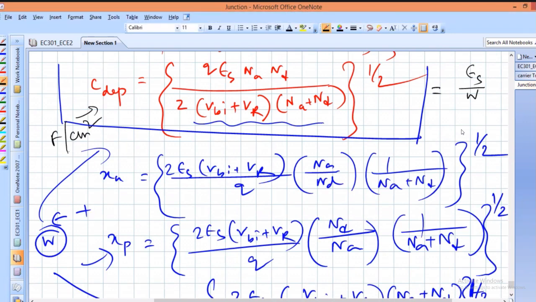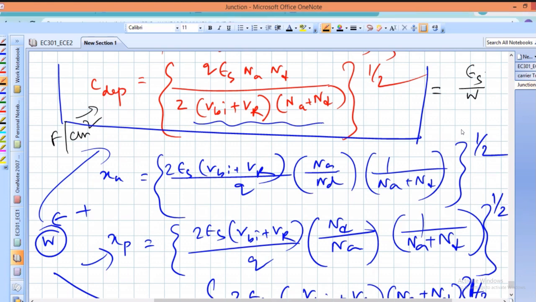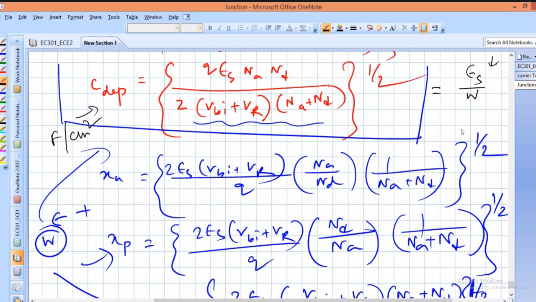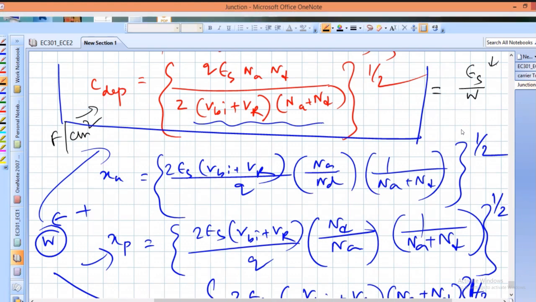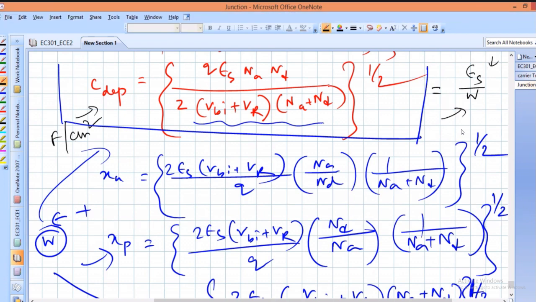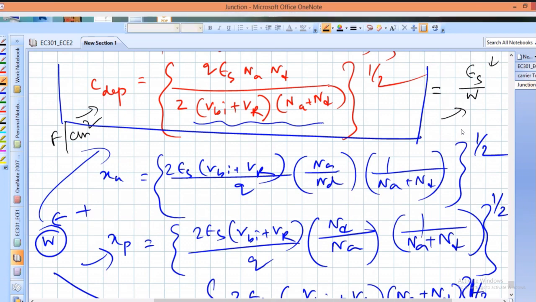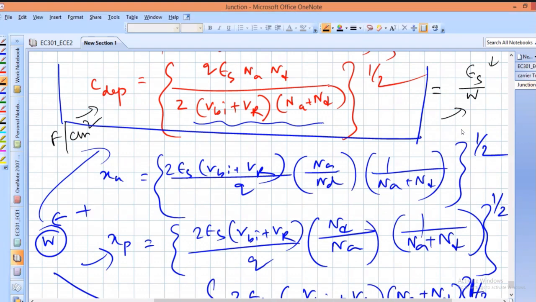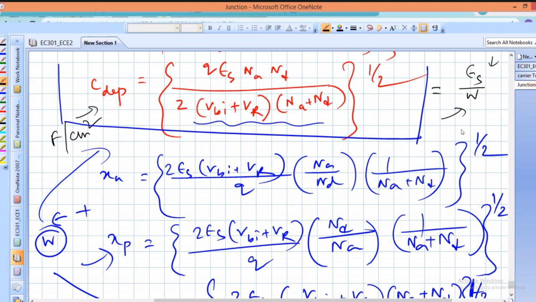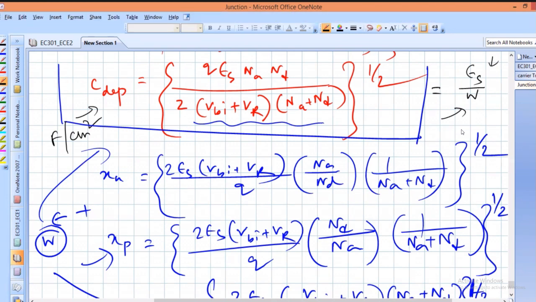Now, if you remove this area, then an area term will be there in the numerator. So it is similar to the parallel plate capacitance. What is W? You know, it is the depletion region width which varies as a function of reverse bias voltage.